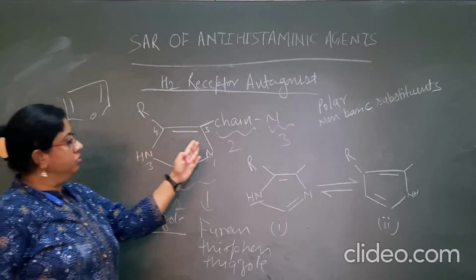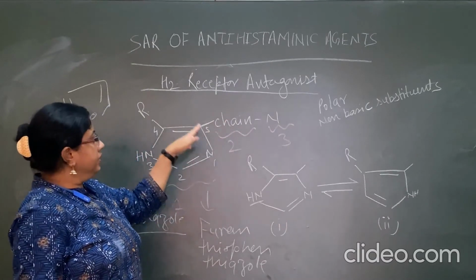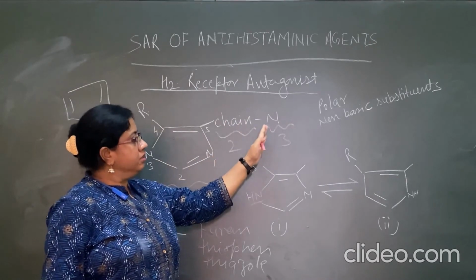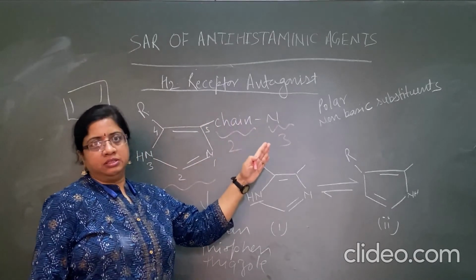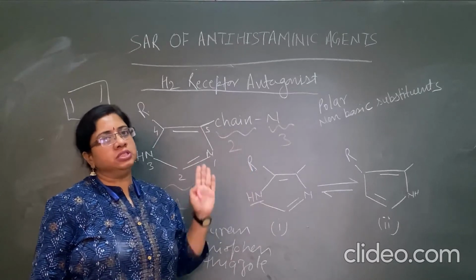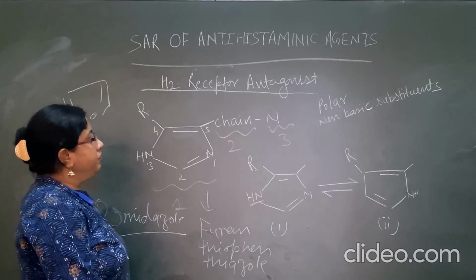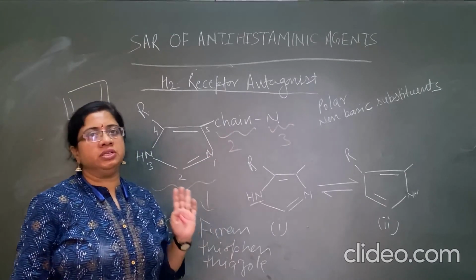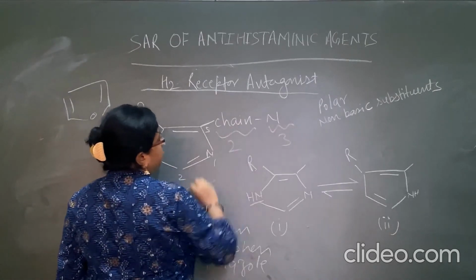Next we will move to the alkyl side chain. Between the imidazole ring and the nitrogen, there should be the equivalent of a 4-carbon chain length. A 4-carbon chain length is the optimal requirement for H2 receptor antagonistic activity. If you extend the chain, or if you branch the chain, activity will decrease.